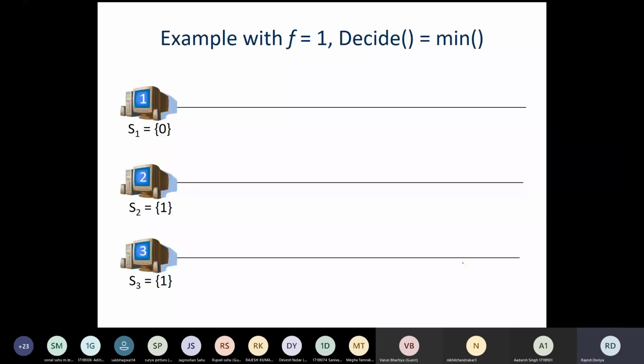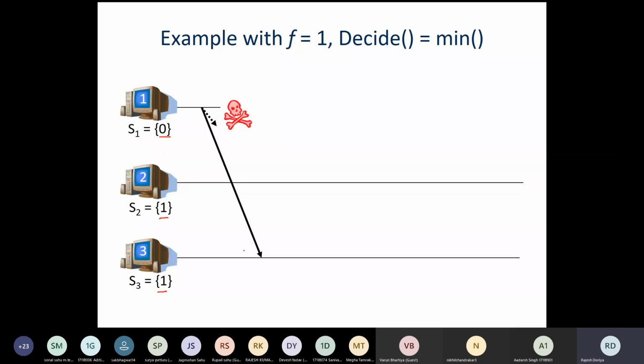So this is the example of that FloodSet algorithm. Let us say we have three systems or three processes S1, S2, and S3. Initially they have the values 0, 1, and 1. So these are the initially proposed values to have the consensus. Okay. Then S1 has sent some values to S2 and S3.